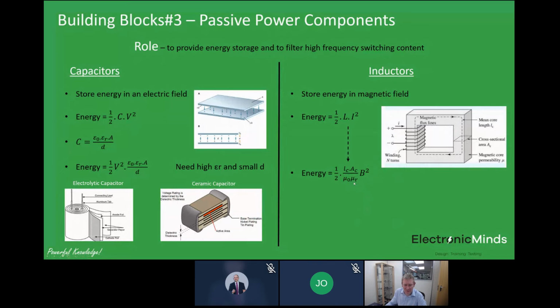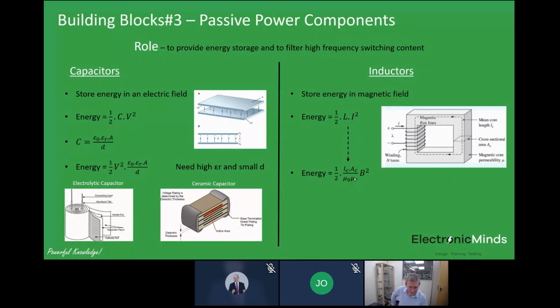Mu naught is a constant. So you can see here, if we want to store a lot of energy, you want either a lot of volume or a very, very low mu r. So you might think to yourself, well, why don't I just use air? Mu r is 1 for air, and actually air is the best storage mechanism for a magnetic field.